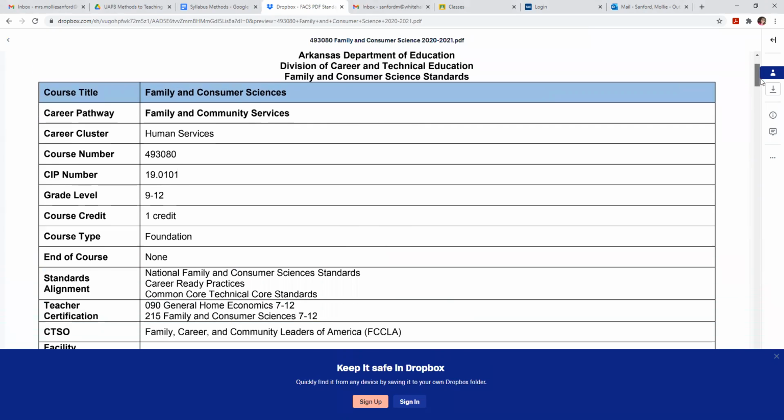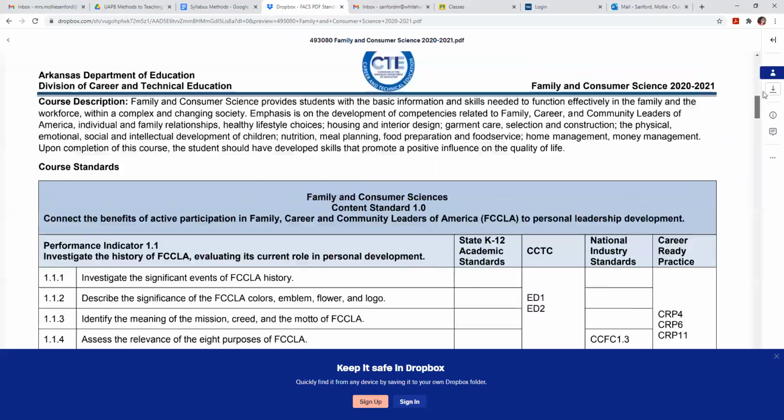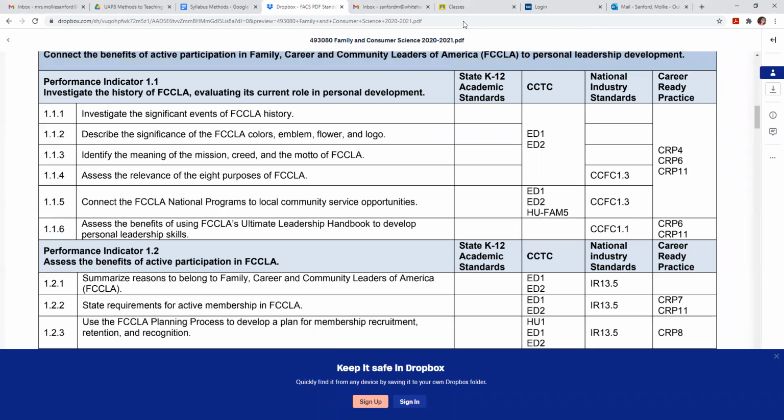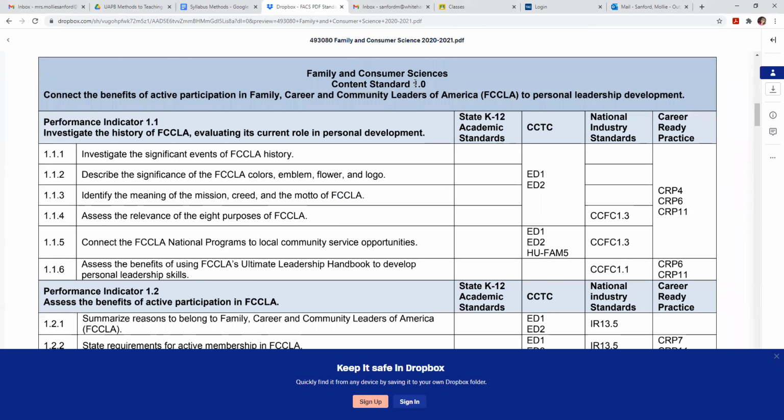And our frameworks, the meat of it, the main stuff you want are these standards. They tell you the topic or content you're supposed to be teaching. So this first one is over FCCLA, because once a student takes a semester of FACS or is enrolled in FACS, at any point they may now be a member of your FCCLA chapter. We talked a little bit about what that was in the weeks previous to this one.